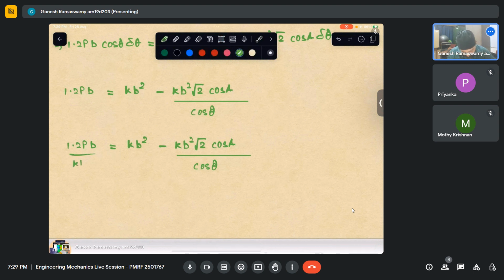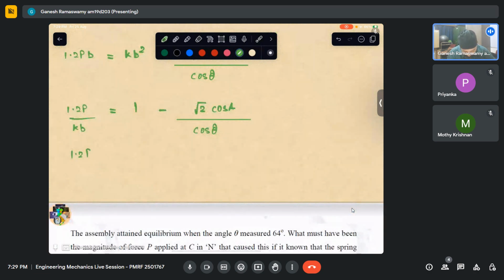This will give me 1, and b and b squared cancel out, leaving 1 b in the denominator. So I have 1.2 P by k b equaling 1 minus root 2 cos A by cos theta.